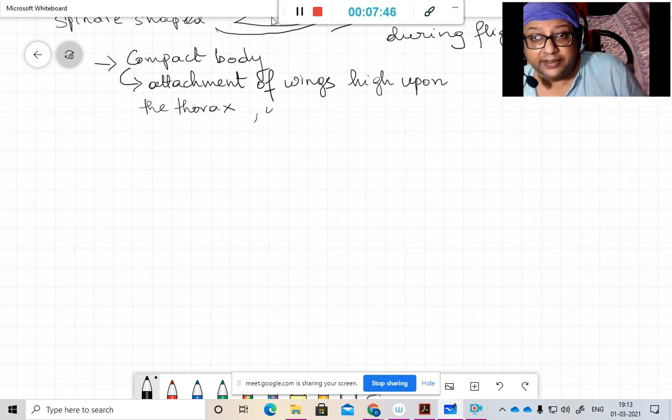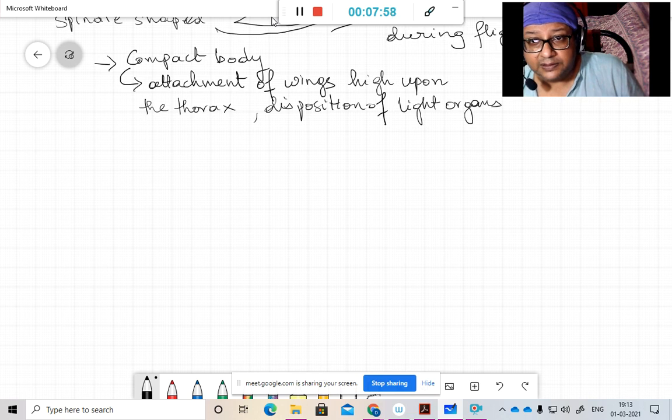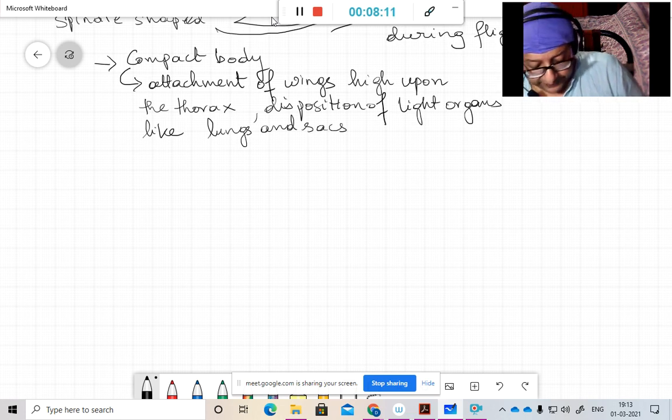then disposition of light organs like lungs and air sacs dorsally.